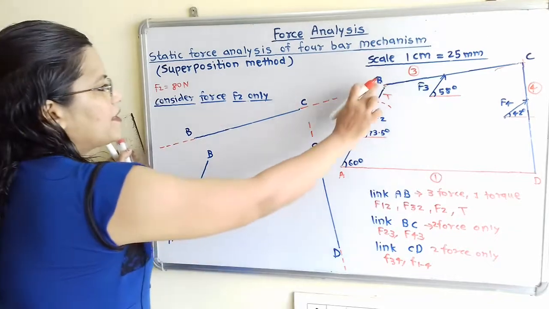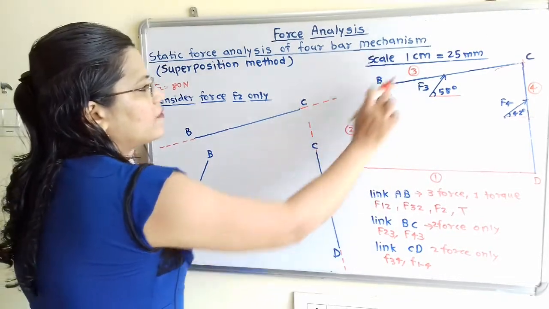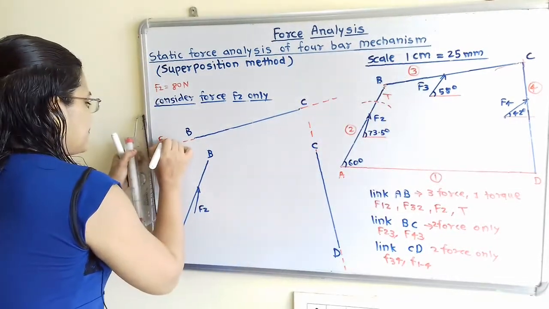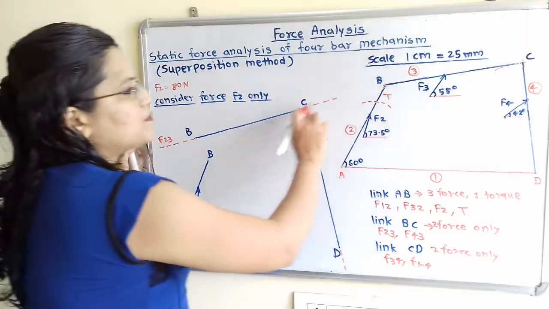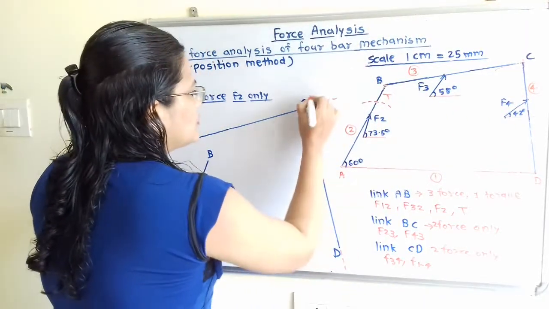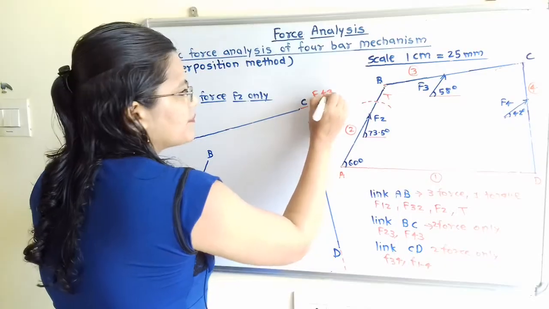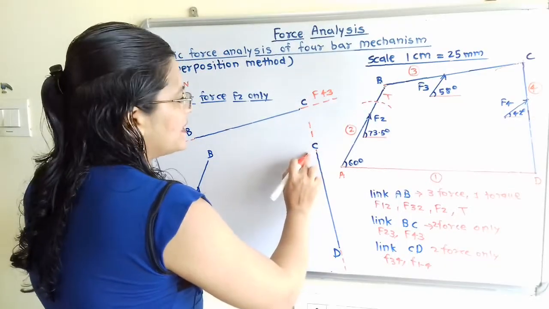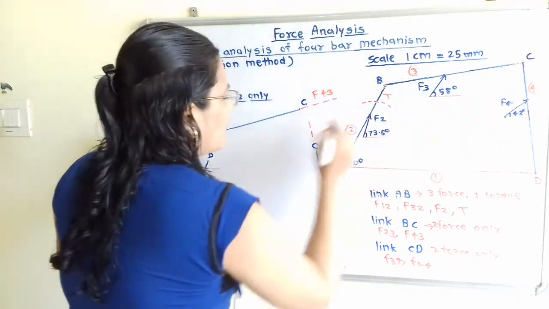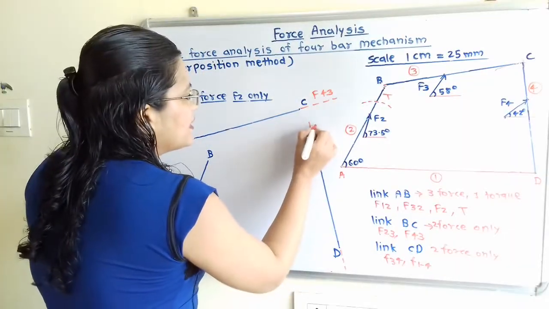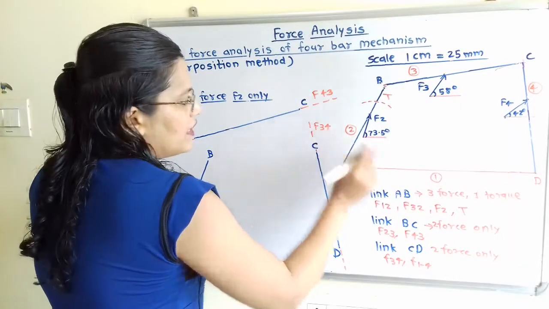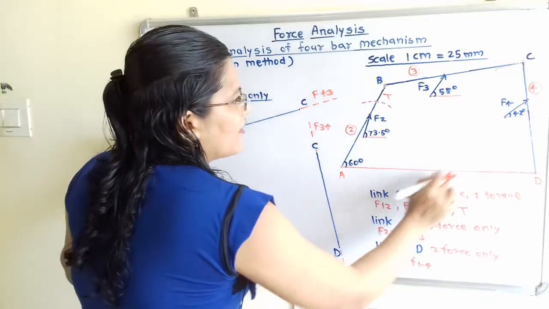So at this point B, which force is applied? F2 to 3. Then at this point C, which force? F4 to 3. Then at this point C, if we observe F3 to 4, because on the link CD it is F3 to 4, and through this point D, F1 to 4.